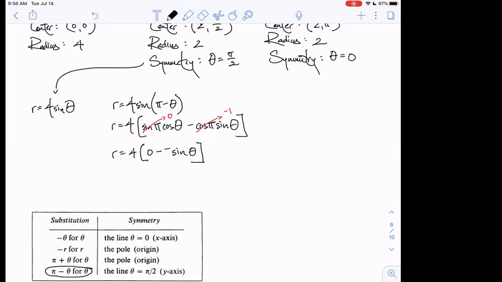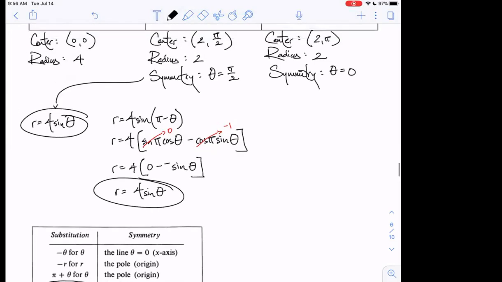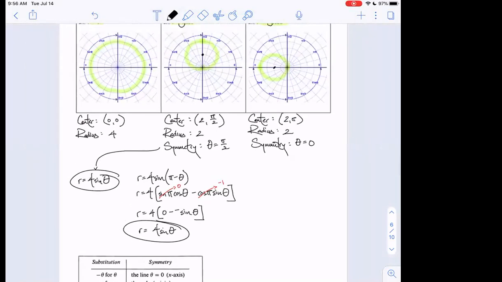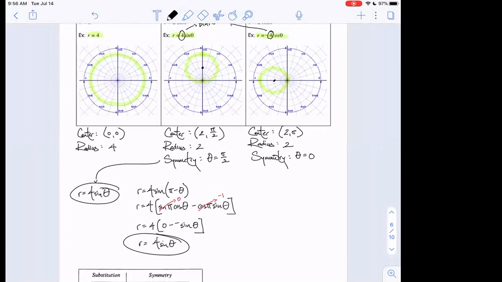When we combine those signs, 0 minus a negative sine theta, I end up with r equals 4 sine theta. Because this is equivalent to this, that is confirmation that my shape has symmetry along theta equals pi over 2. And we can see from the picture that the right half and the left half are the same.